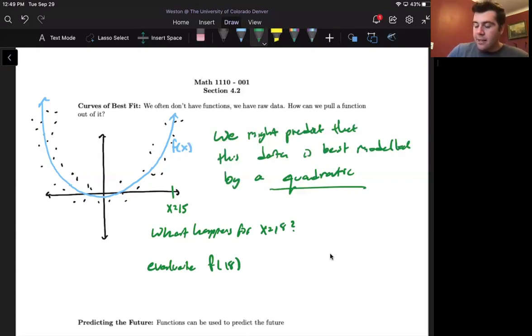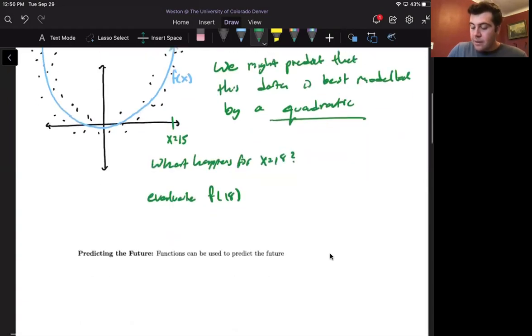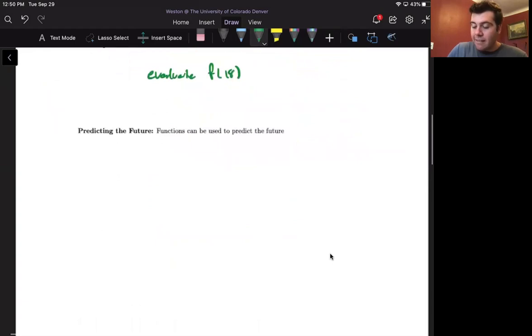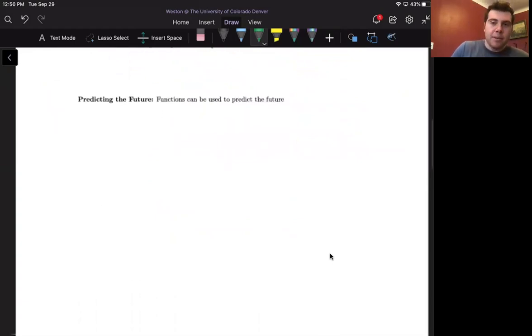And then maybe you could guess that this probably only works well for values around what our data is. We might not be able to get a good approximation for what happens when x is 100. So that leads into this next point, is that functions can be used to then predict the future.